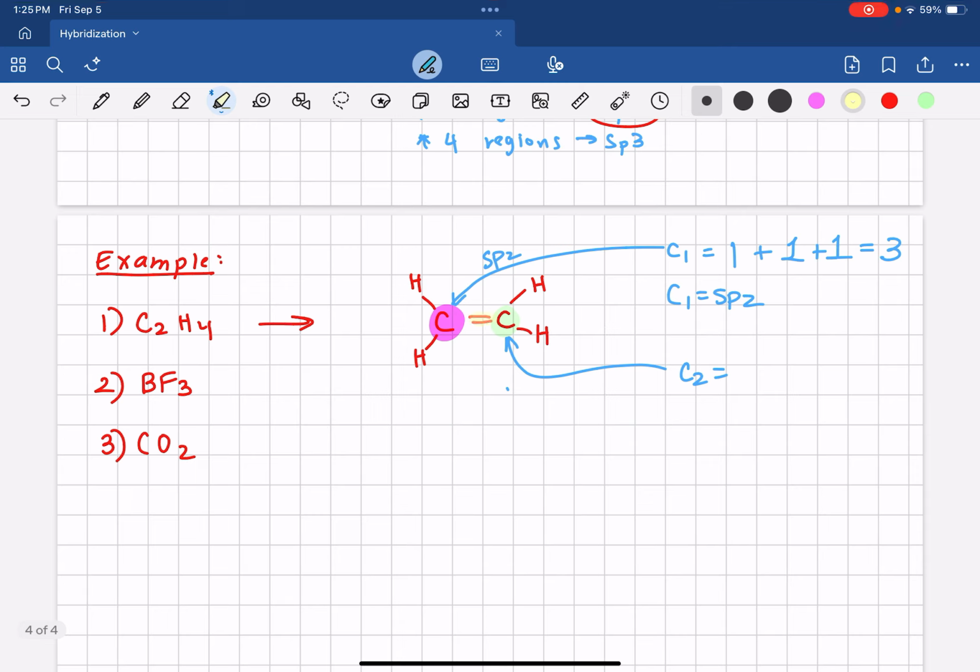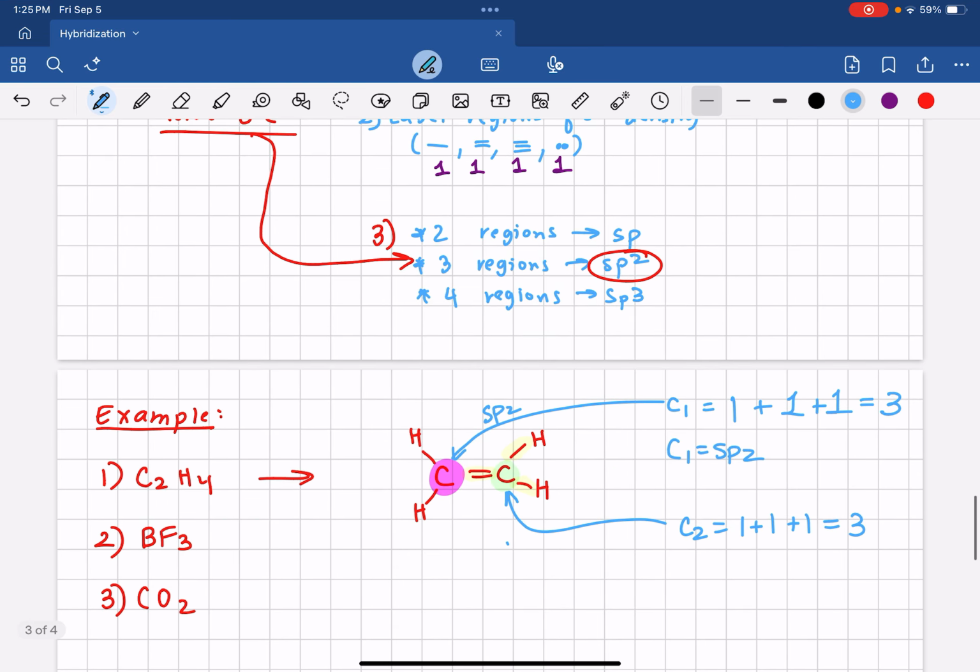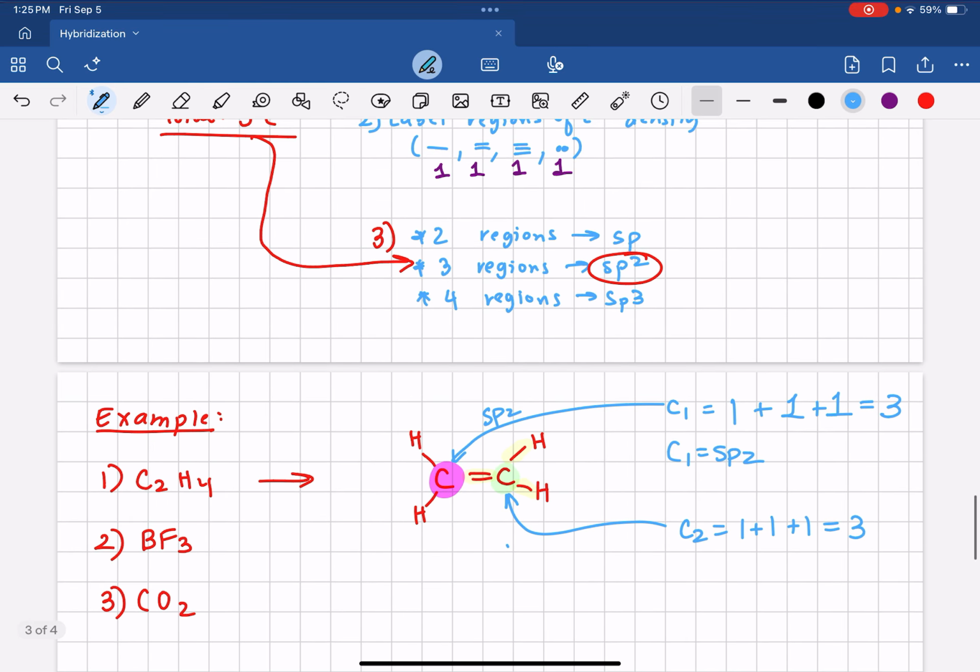So carbon is connected to 2 double bonds, a hydrogen, and a hydrogen. That makes it a total of 3. 1 plus 1 plus 1 gives me 3, because remember I said a double bond only counts as 1, as well as a single bond. 1 single bond, another single bond, and a double bond counts as 1.